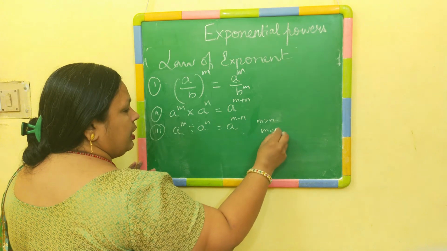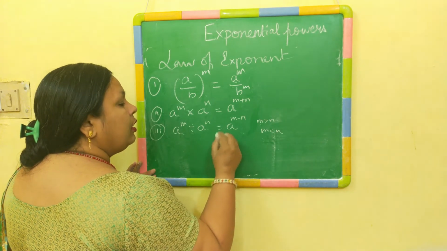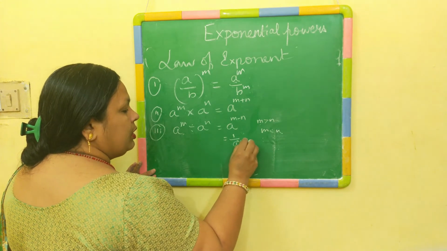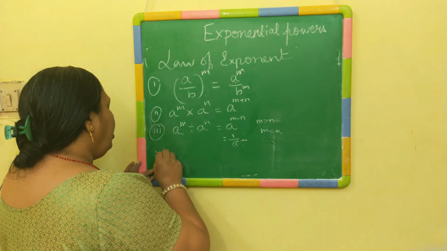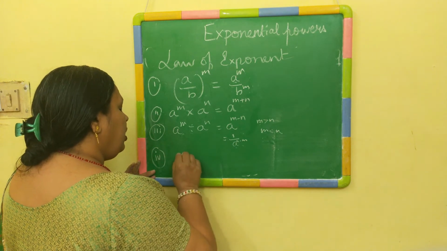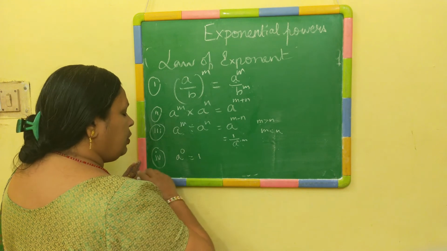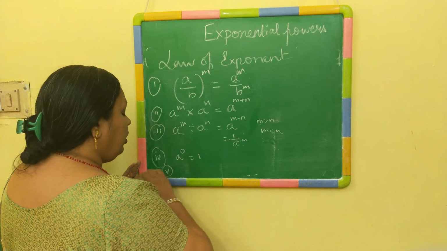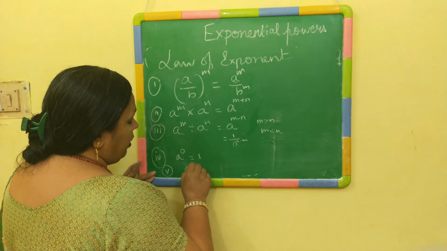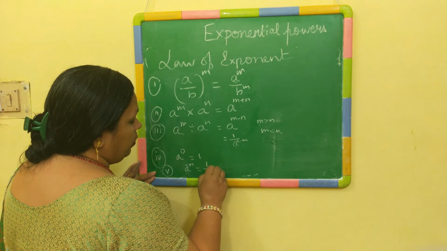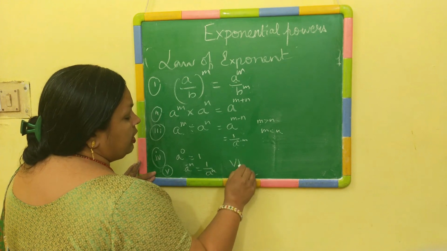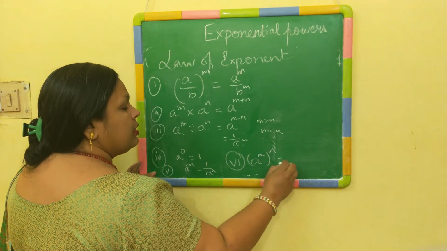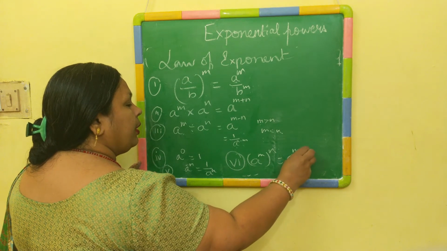If m is less than n, you will get a negative, and that is 1 by a power n minus m. The fourth law says a power 0 is equal to 1, and fifth law says that a power minus n is equal to 1 by a power n. Sixth law says a power m whole power n is equal to a power m into n.